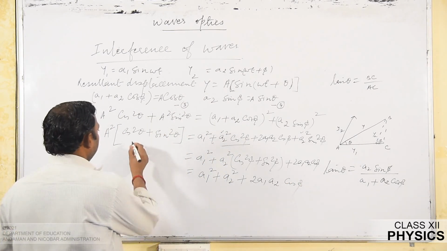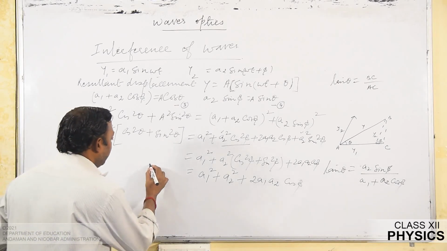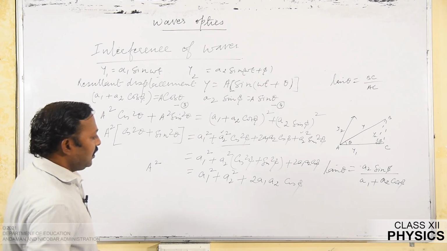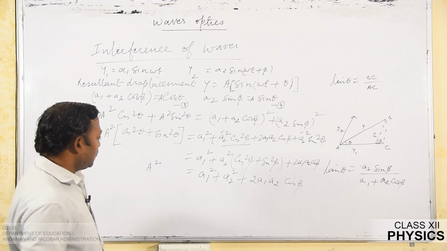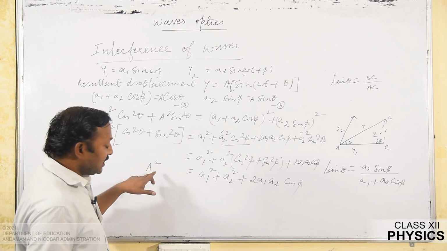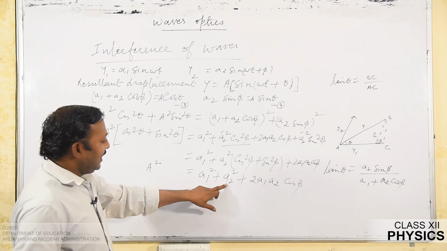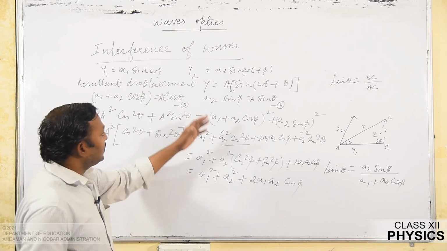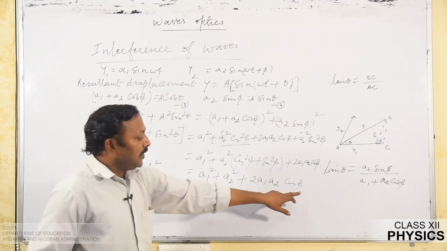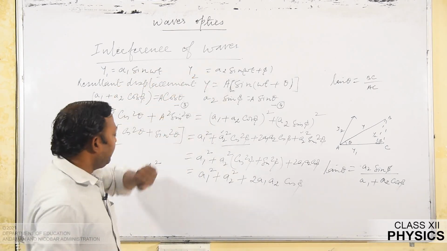On the other side, again here also cos square theta plus sin square theta is 1. So finally you get a square is equal to a1 square plus a2 square plus 2 a1 a2 cos phi, where a is the amplitude of the resultant wave, a1 is the amplitude of the initial wave, a2 is the amplitude of the second wave which is superimposing with the first wave, and phi is the phase difference between the initial superposing waves.